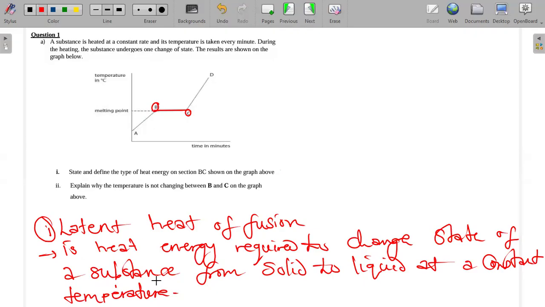All right, so this is the definition of latent heat of fusion, and this is part one of our question.